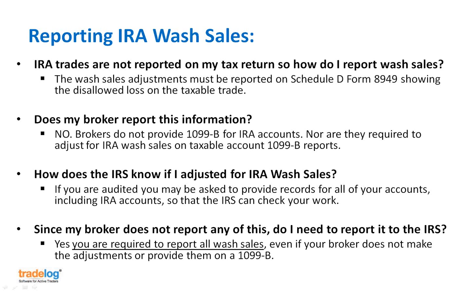So then the last question, since your broker does not report any of this, do you need to report these wash sales to the IRS? And the answer is yes, because you are required to report all wash sales, no matter what your broker has reported.